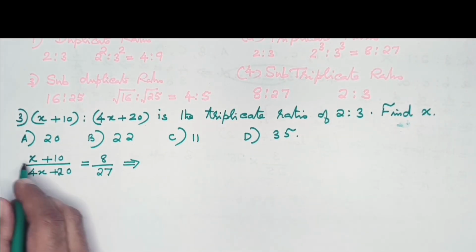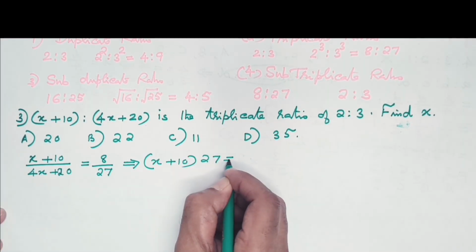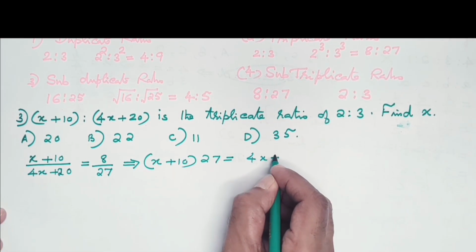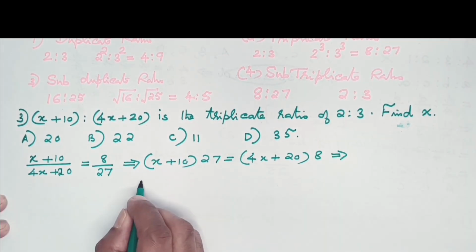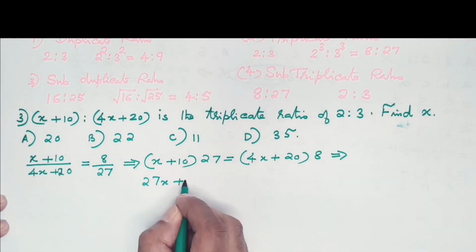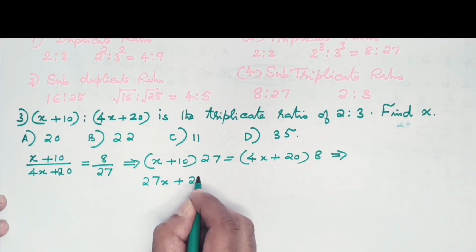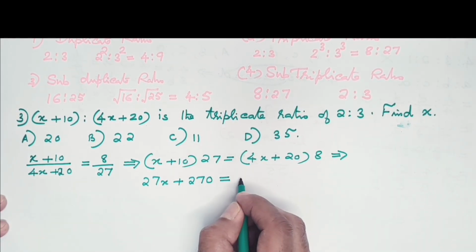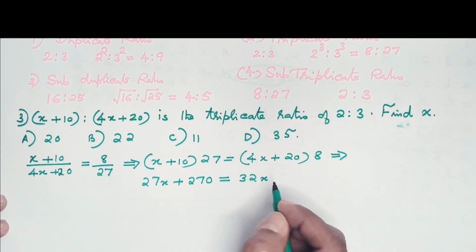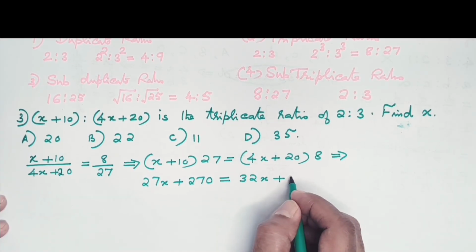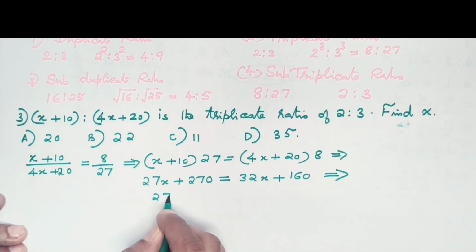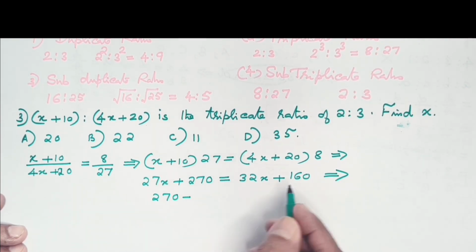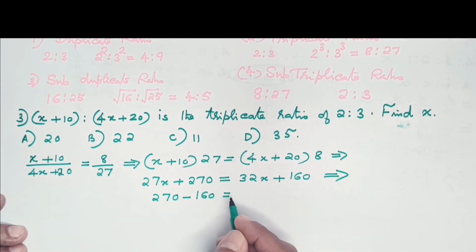Solve this equation. We will cross multiply: 27 times 4x plus 20 equals 8 times x plus 10. Hmm, correctly, 27 multiplied by x plus 10 is 27x plus 270, and 8 multiplied by 4x plus 20 is 32x plus 160. Now take 160 to the left side. You have 270 here, 160 becomes minus on the left.